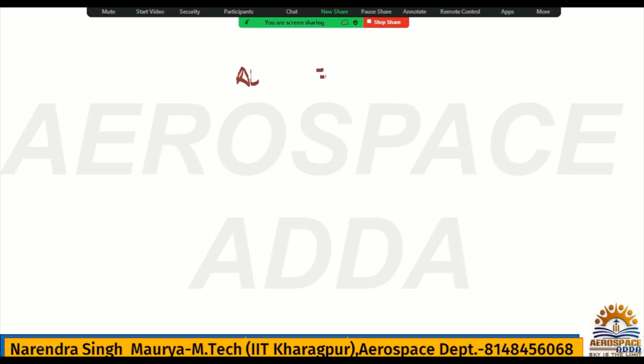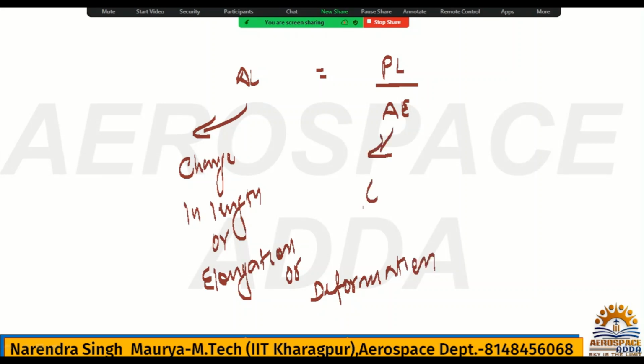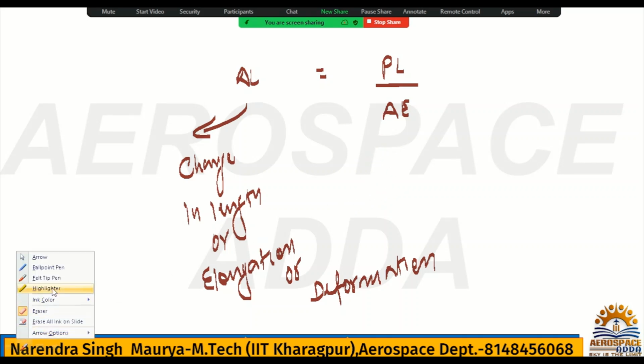Delta L is the change in length, or elongation, or deformation.